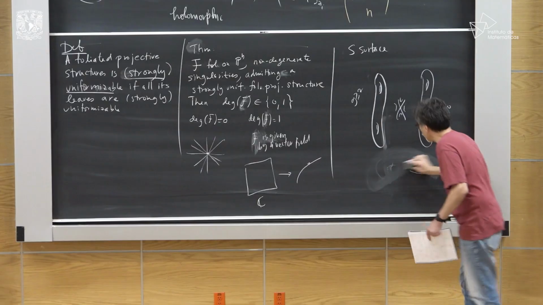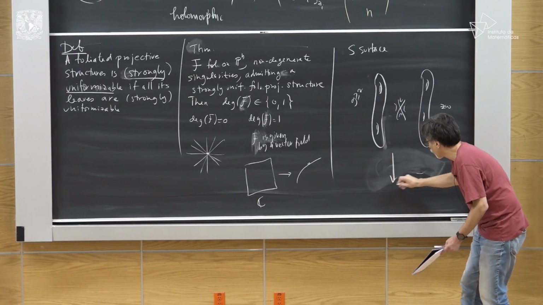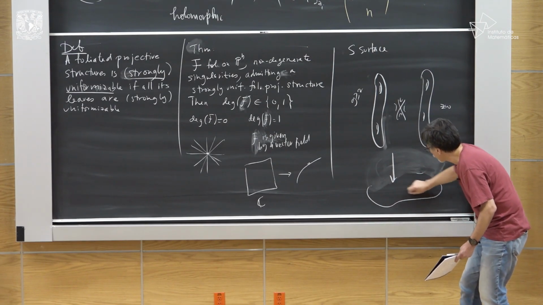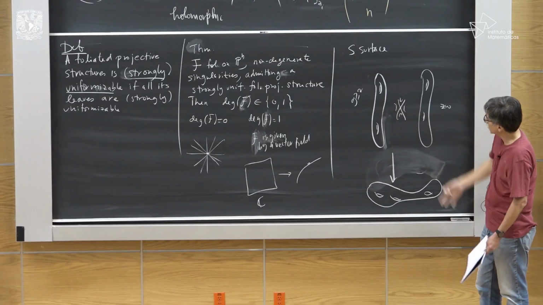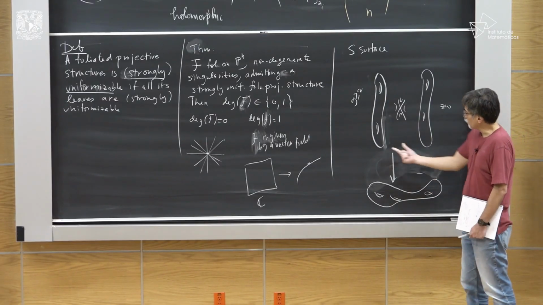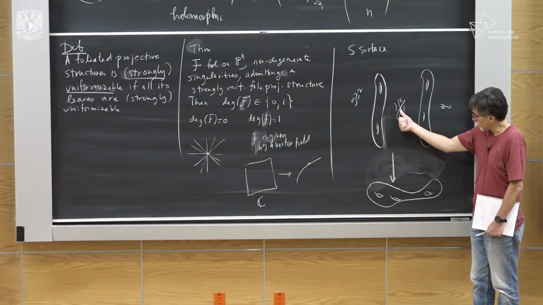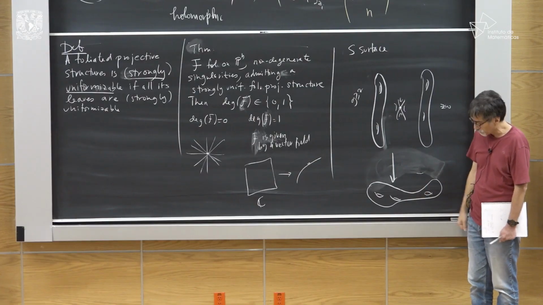So I have this, this is one of the examples. So I have my surface, and my surface fibers over a curve. Doesn't need to be a compact curve. And this is all compact. And you have a foliation given by the fibers with singularities given by these Morse points.